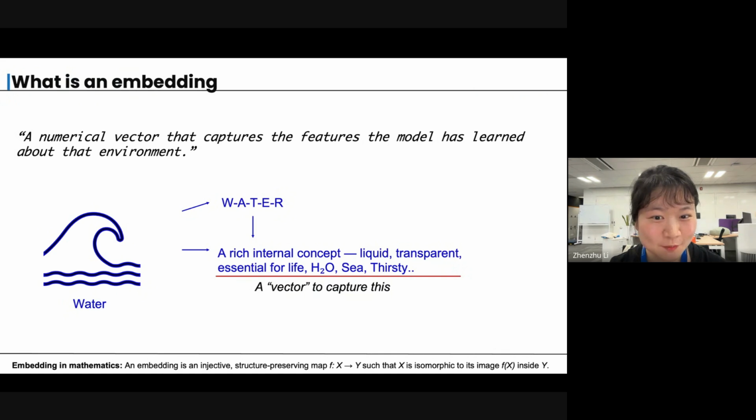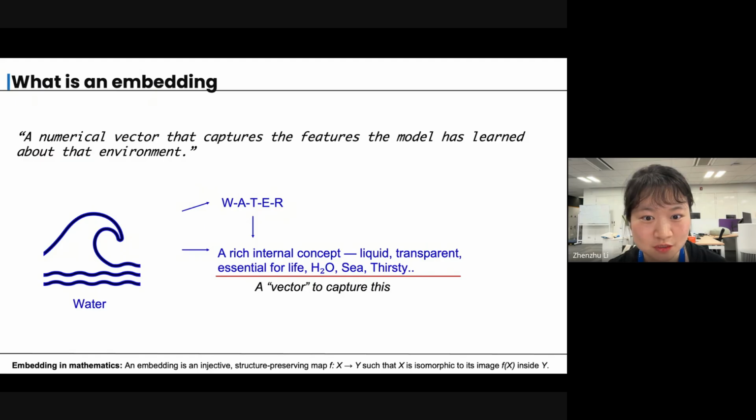Today I want to talk a little bit about our recent work, Platonic representation of foundation machine learning interatomic potentials. To begin with, I'm not sure if you are familiar with representation or embedding. I guess so, but I still want to share my definition: an embedding is a numerical vector that captures the features the model has learned about the environment. For example, take the word water.